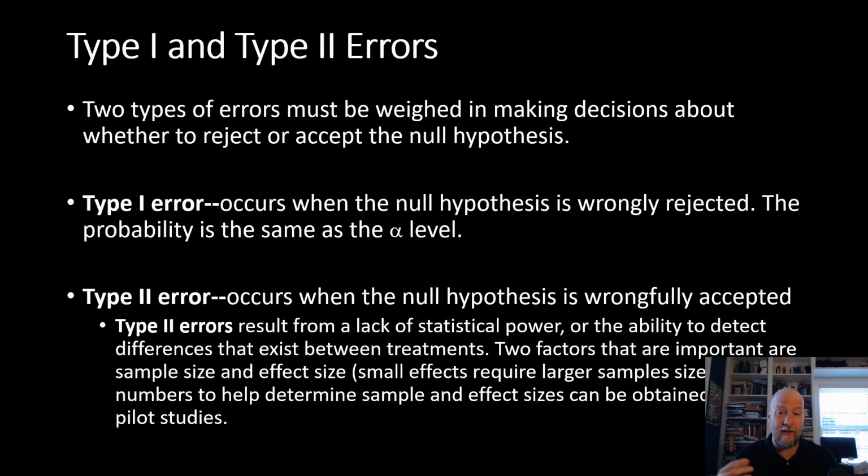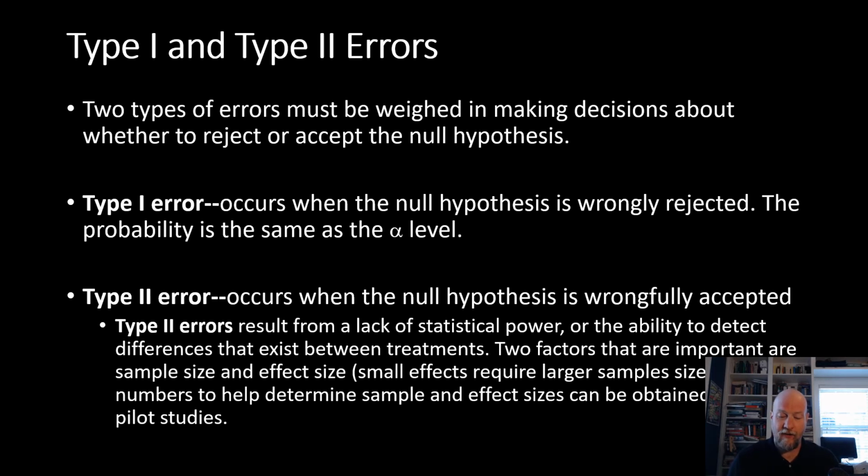So these are the two types of errors that we have to weigh when we're making decisions about whether to reject or accept the null hypothesis. Accepting the null hypothesis essentially means accepting the hypothesis that there's no relationship between the two variables, right? When we make that decision based upon our evidence, our statistics, and what we see in our study, we know there's a chance that one of two mistakes could happen.